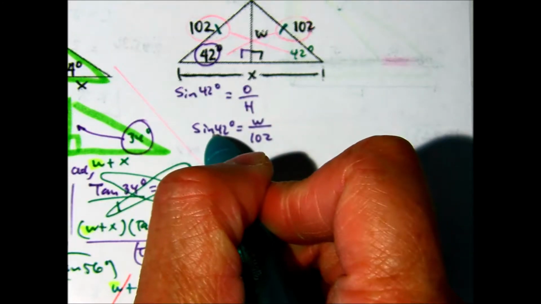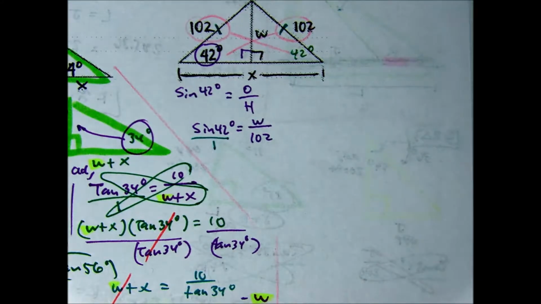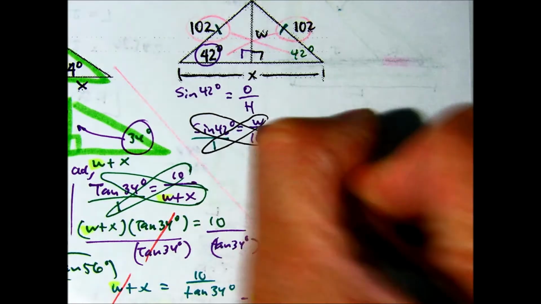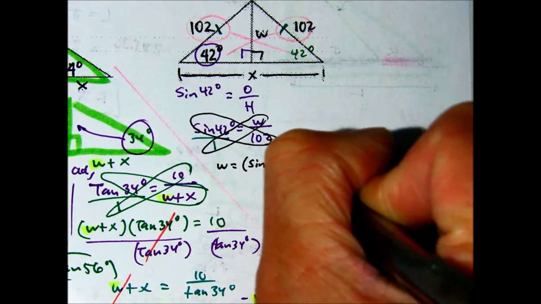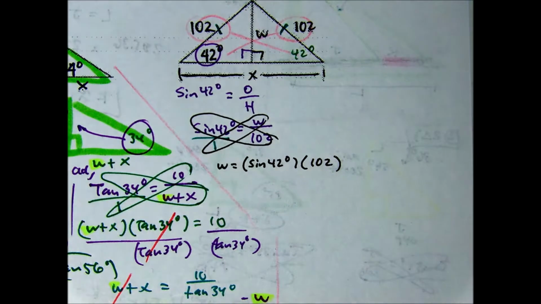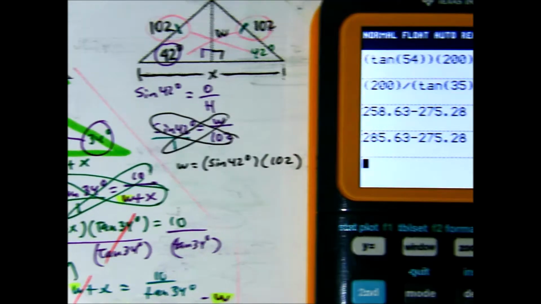And then what do I do after that? Cross multiply. So now I have W equals sine of 42 times 102. Parentheses, sine 42, close, close, times 102.